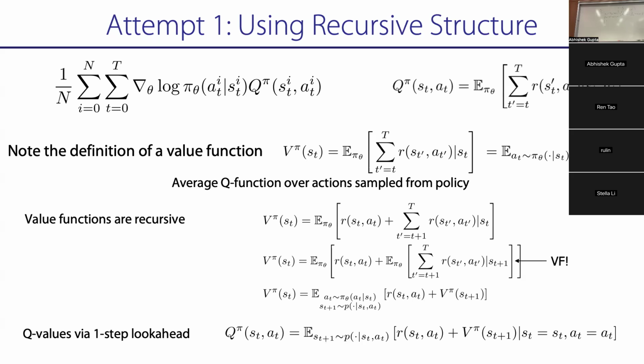When you start from state ST, take action AT and get the next state according to the dynamics, right? So your next state is coming according to your dynamics. So you're going to take the reward and the discounted value in the future according to the dynamics. Right? So that is the relationship between V and V at the next, and this is the relationship between Q and V at the next.